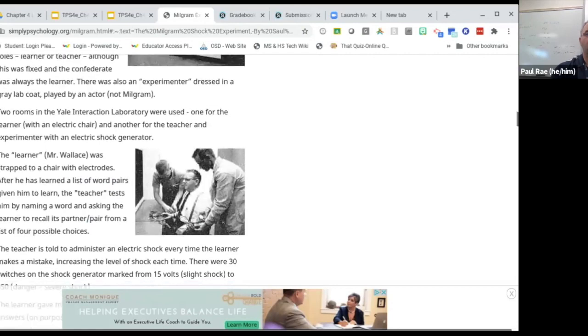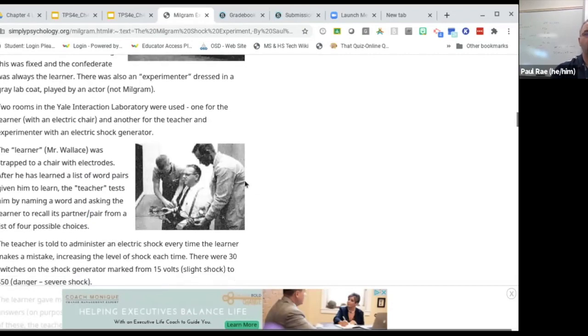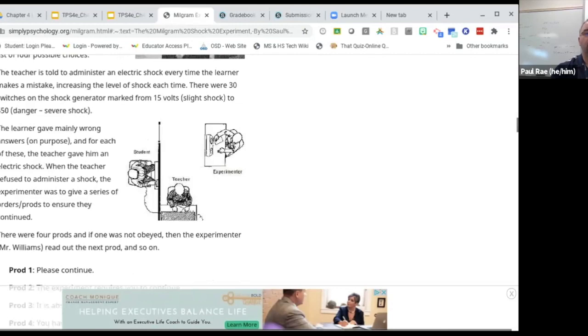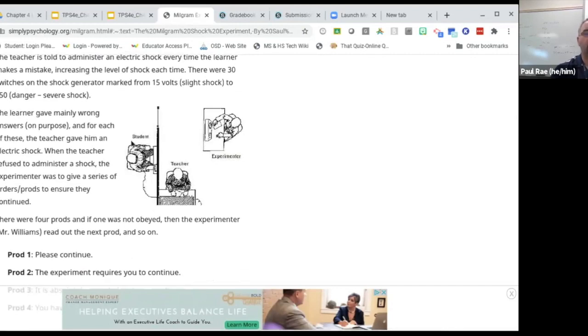And you can see here they are hooking him up to the shock generator. Okay, and after they would get the question wrong, here's the setup right here. They would administer a shock, and then they would increase the voltage.